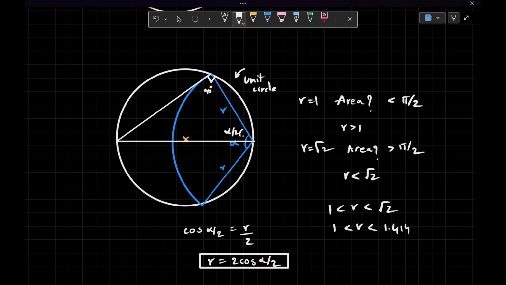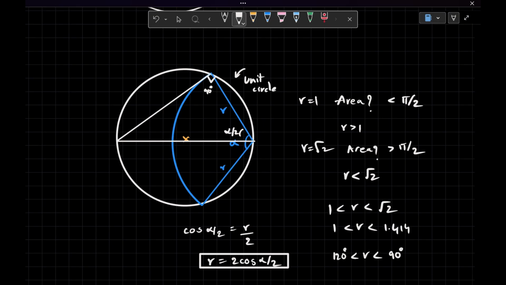But here I am giving you the answers. For r equal to 1, alpha will be 120 degrees, and for r equal to root 2, alpha would be 90 degrees. You can try this. This is not that difficult, it's very easy to solve.